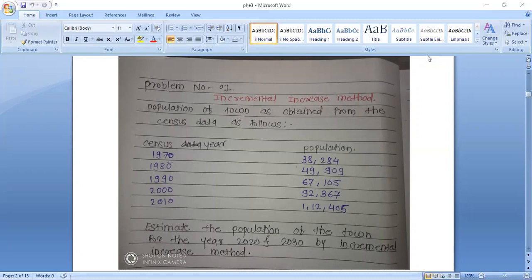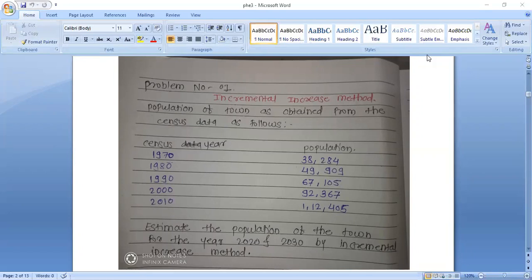In the last lecture, we had discussed the methods of determining the population of any city or town, or forecasting the population of any city or town. Now see, there are four methods of determining or forecasting the population.